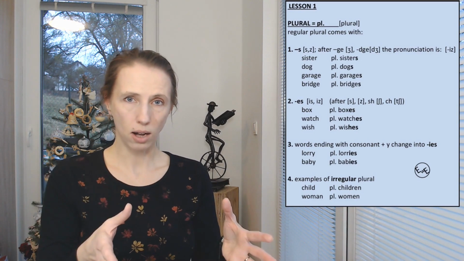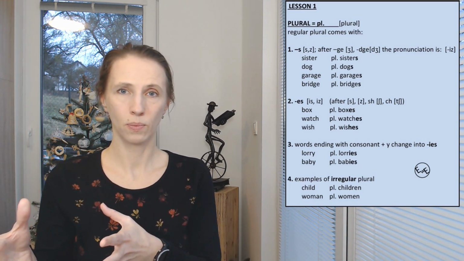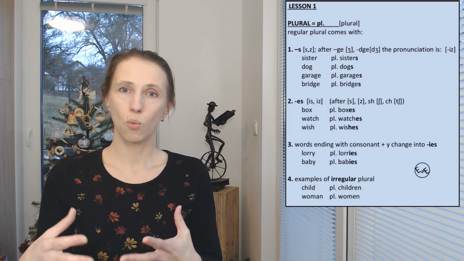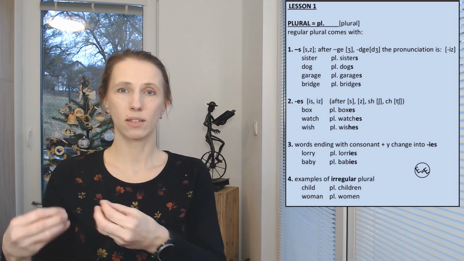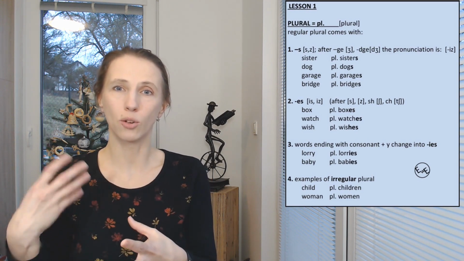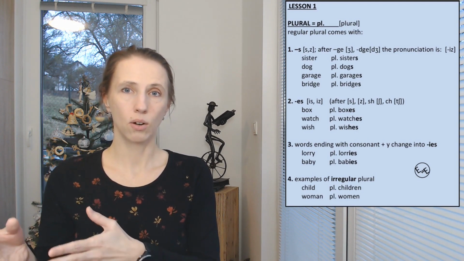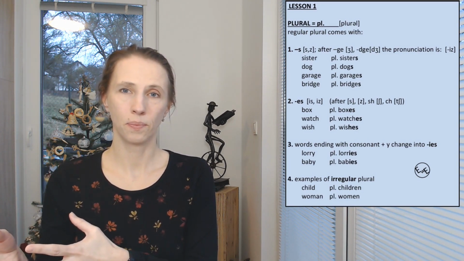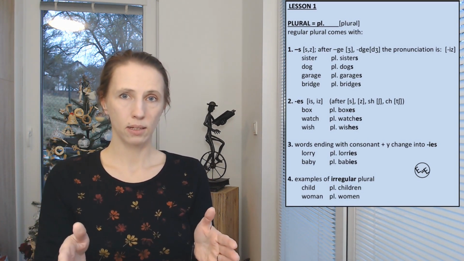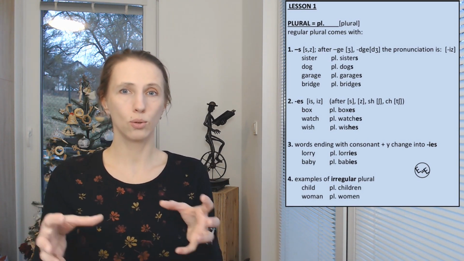One dog, two dogs. Sometimes the word ends with s, z, j, or sh, or something like that, and you cannot pronounce it correctly. That's why you add es or is. One bus, two buses. One house, two houses.